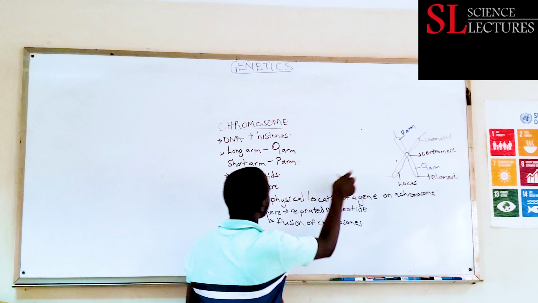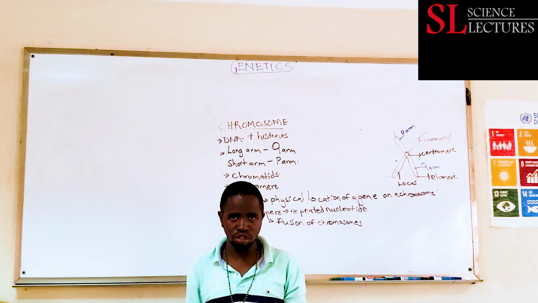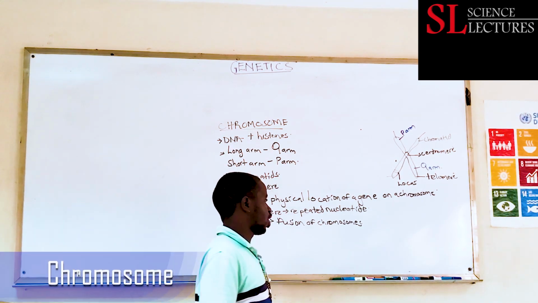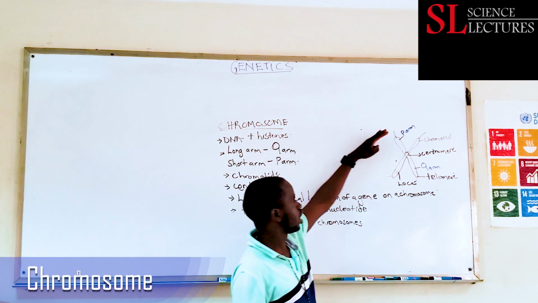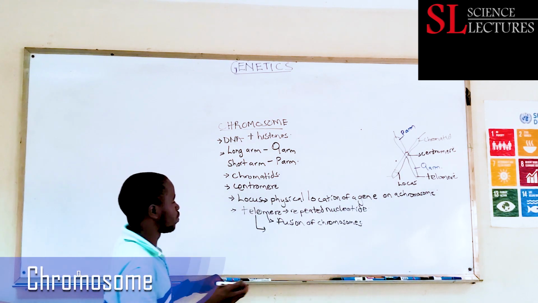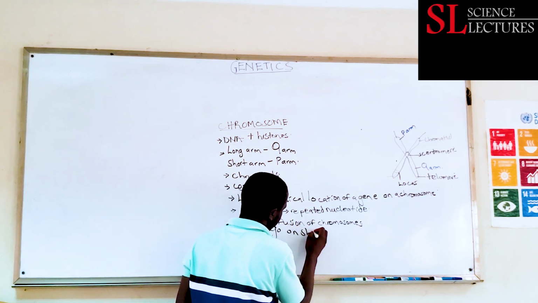Remember, these chromosomes are found within the nucleus, and our nucleus does not only have one chromosome. So these chromosomes will end up fusing together. What prevents that is the telomeres. During cell division, it is these telomeres that go on shortening.